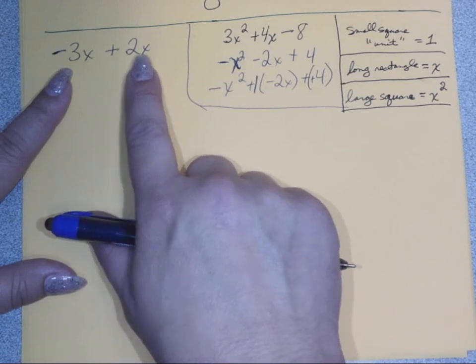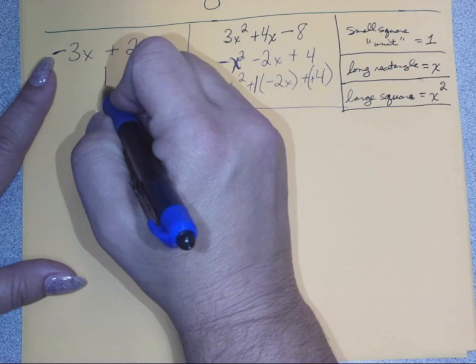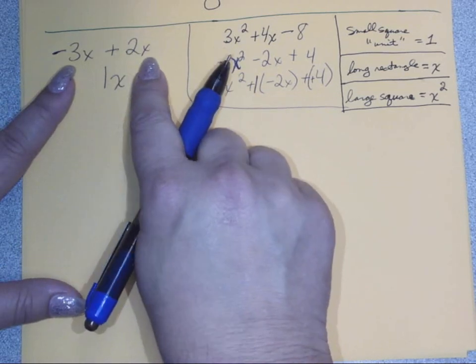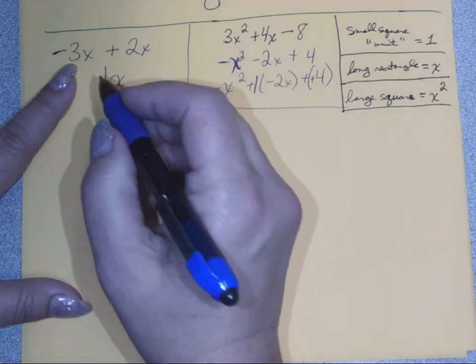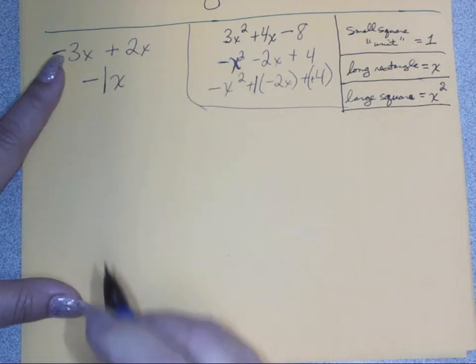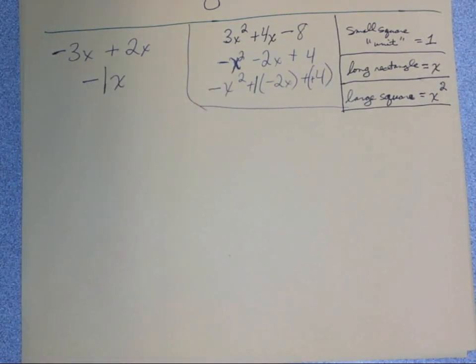That's the rule. So 3 minus 2 is 1x, because they were x's. But because the 3 is bigger, I take the sign of the negative number, so I've got negative 1x.